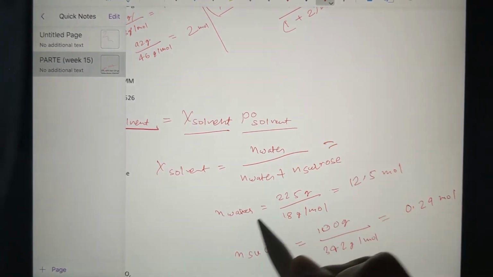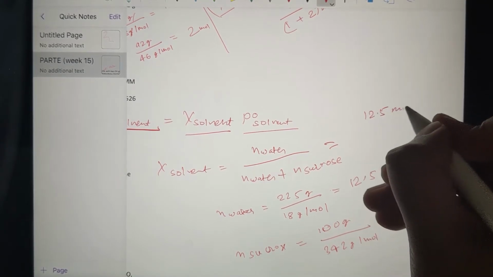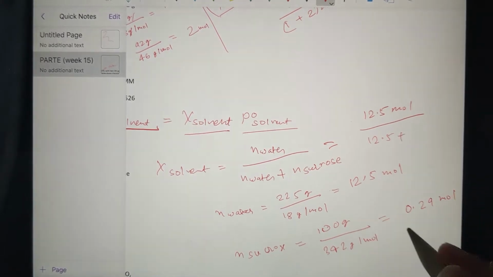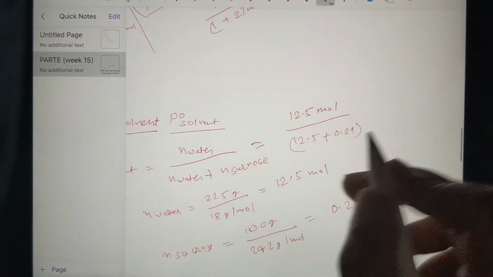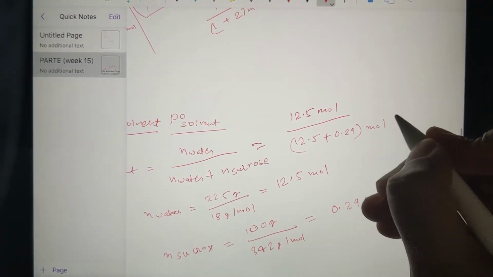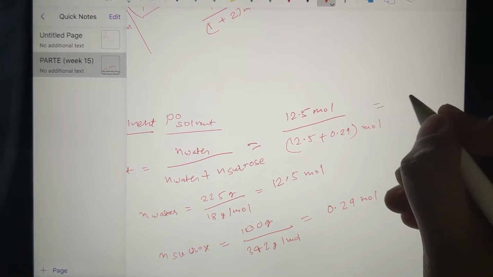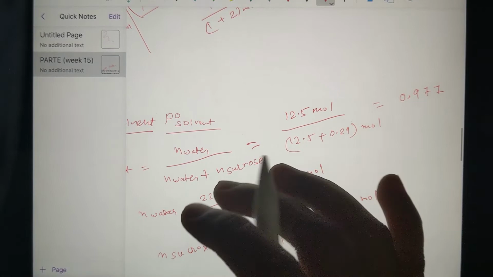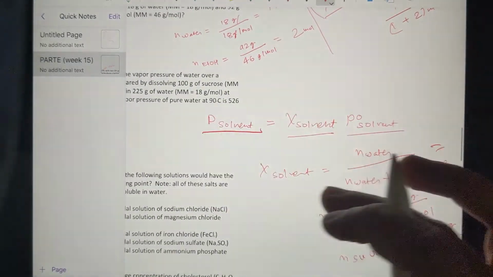So it's going to be this 12.5 divided by 12.5 plus 0.29 mole, which is going to be 0.977. Okay, so now you have the mole fraction of your water.